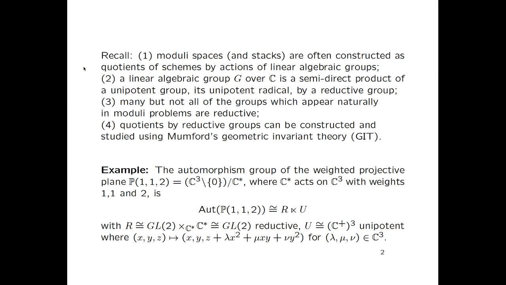And so typically the sort of groups that are coming up are general linear groups, special linear groups, and products of those, all reductive. The automorphism group of a projective space, PGL, is certainly reductive. But then there are also interesting automorphism groups, for example of weighted projective spaces, that are not in general reductive; a simple example of this is a weighted projective plane.